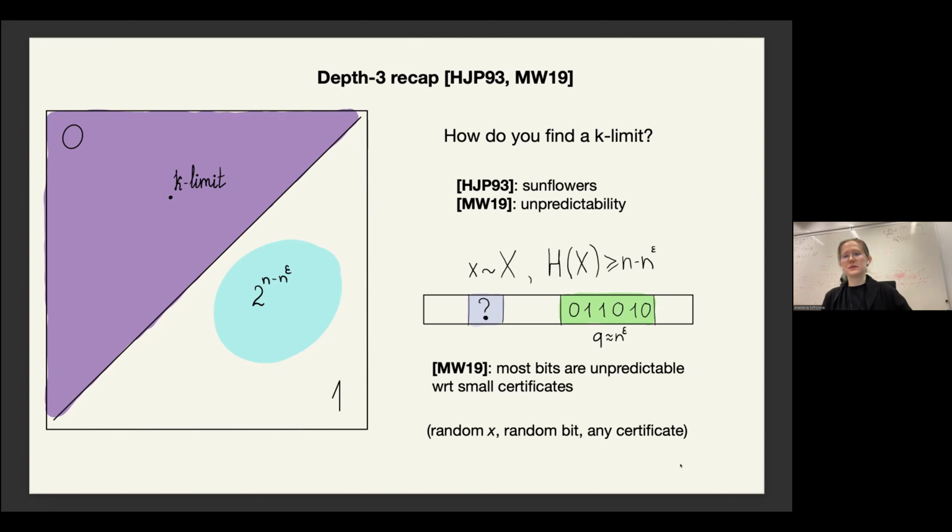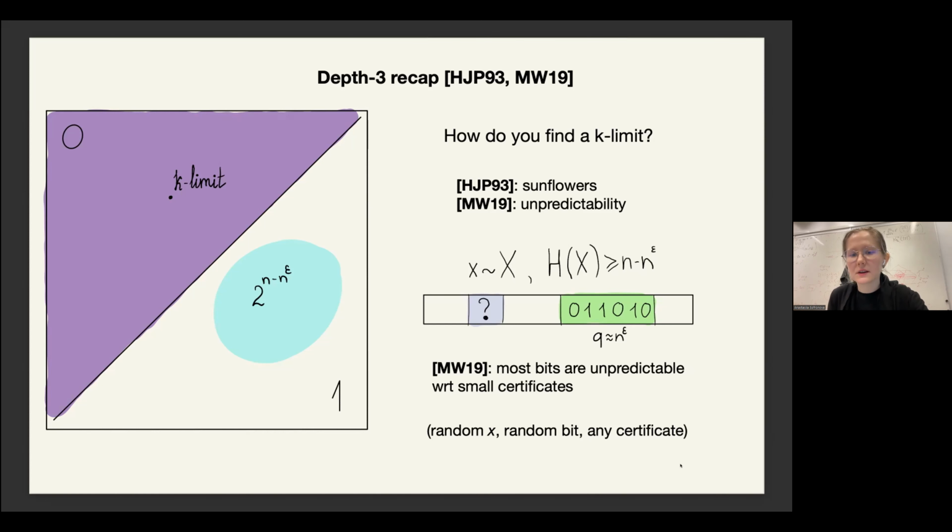I either can see 0 there with these green bits in the string, or I can see 1 there. So there's just one option among the two that I can see in the support of my distribution. The result of Meir and Wigderson is that actually most bits are unpredictable with respect to small certificates.